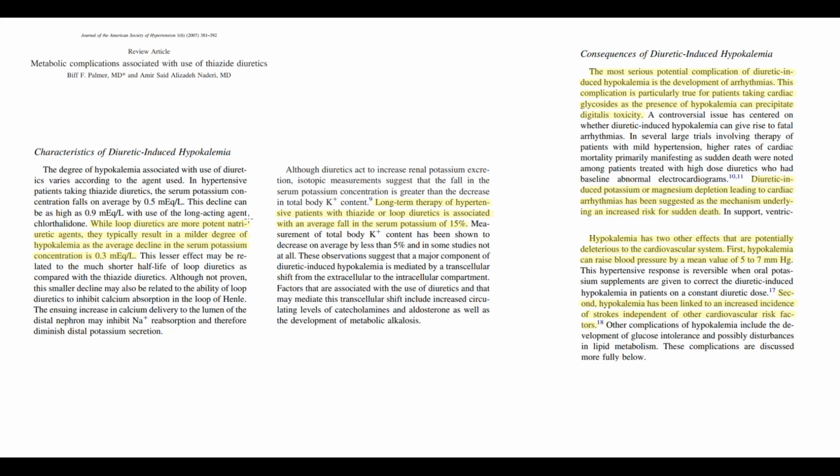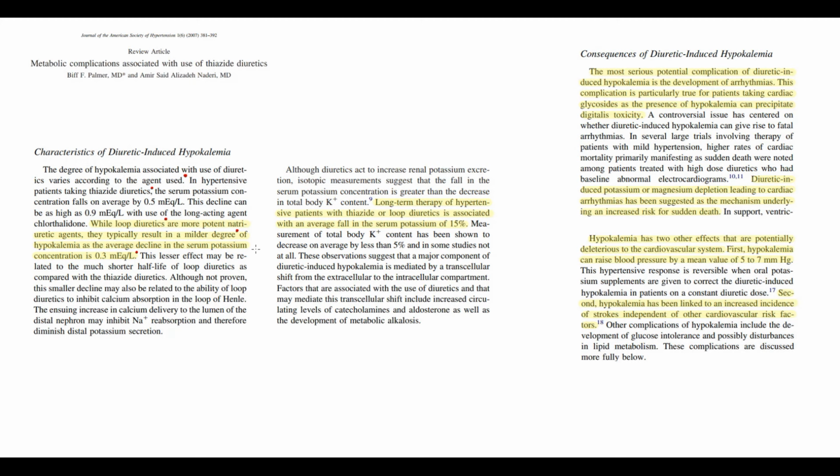Hypokalemia is a well-known side effect of diuretics, but the incidence of hypokalemia depends on the type of diuretic. We know that thiazide diuretics potentially can cause severe hypokalemia. Loop diuretics also can cause hypokalemia, but typically they cause a milder degree. The average decline in the serum potassium concentration in patients treated with loop diuretics is 0.3 milliequivalent per liter.